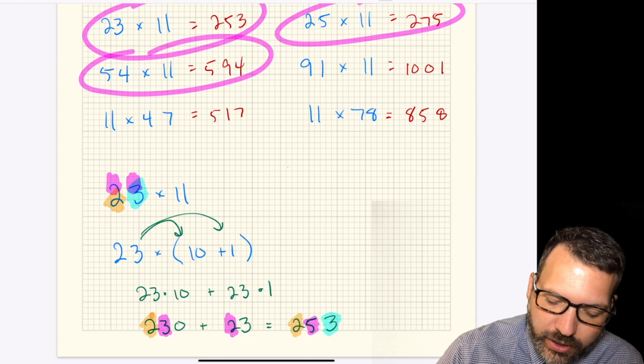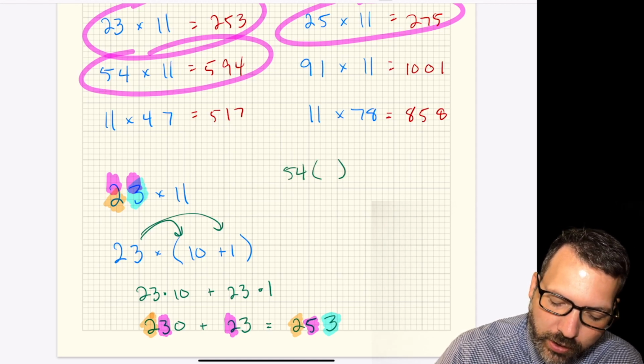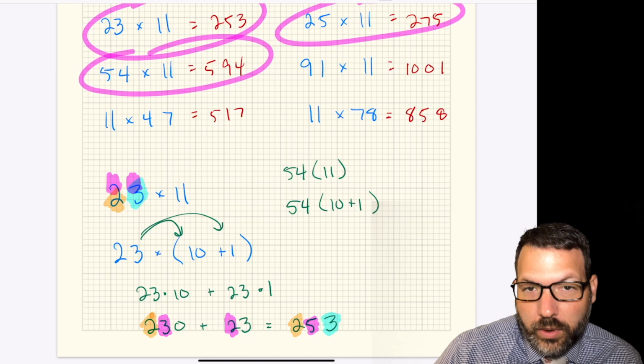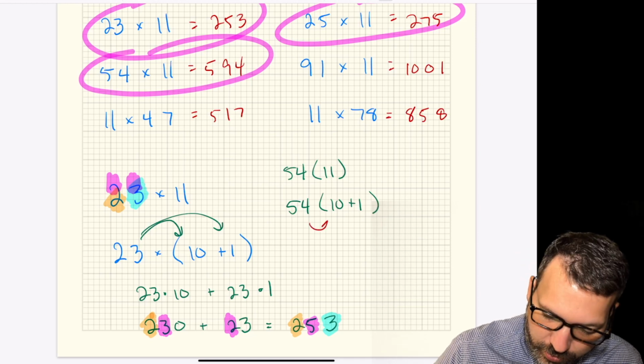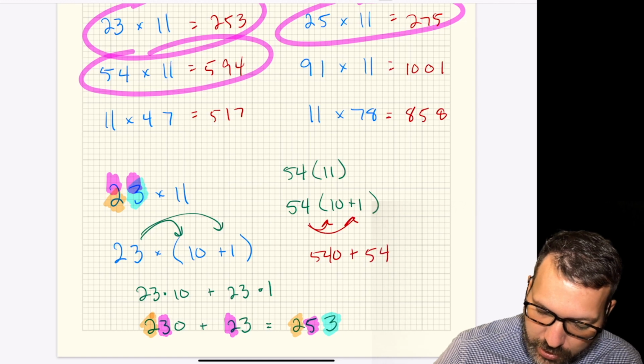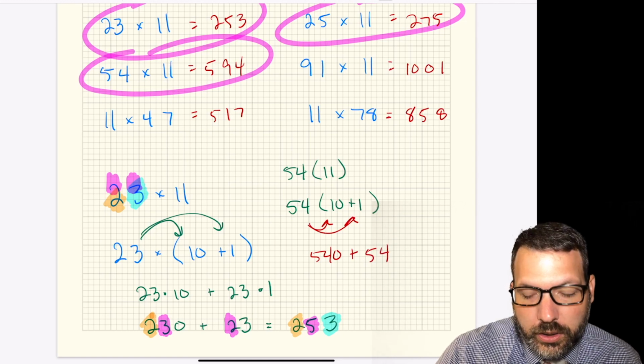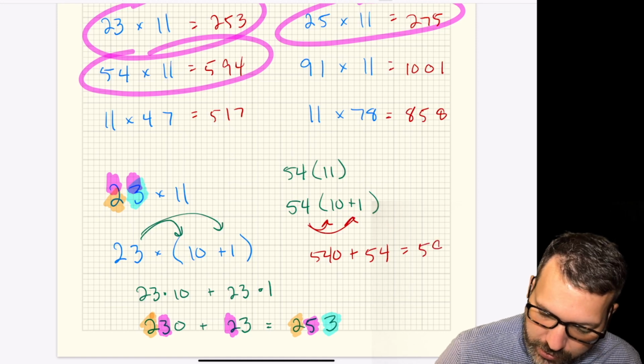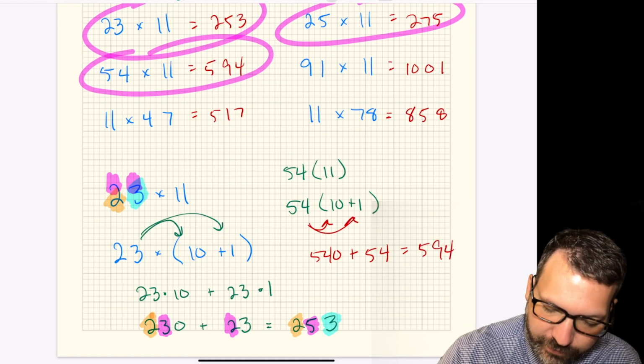Again, to take another example, say 54 times 11, I'm really thinking of this as 54 times 10 plus 1. And I'm distributing that 54 and doing 540 plus the 54. And again, now I can see pretty clearly, oh, of course, that's going to be 594.